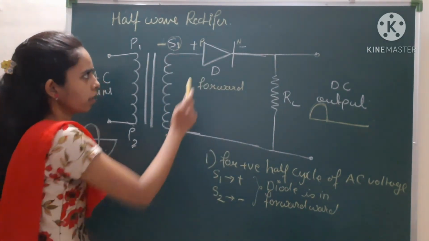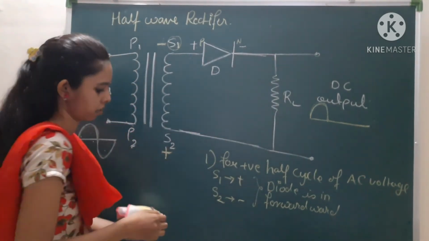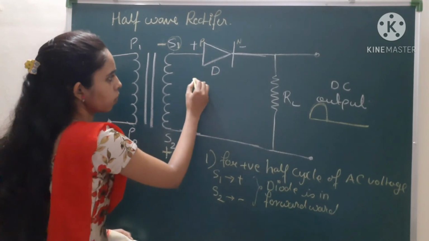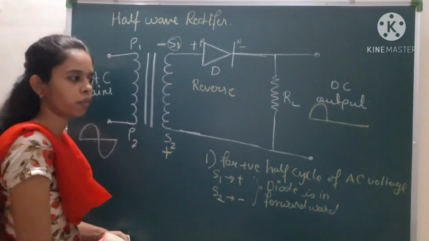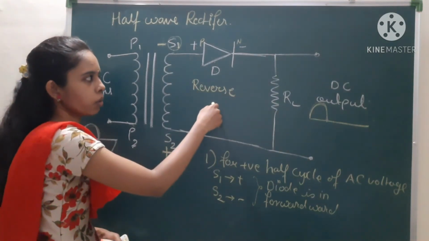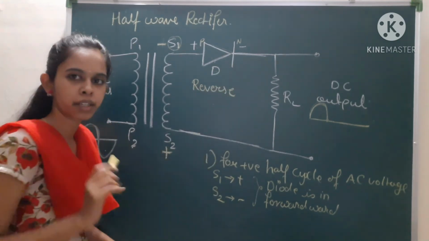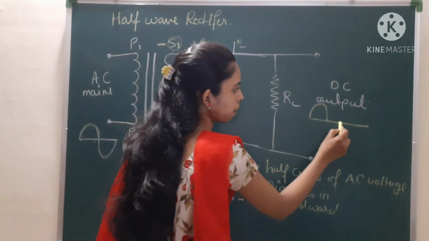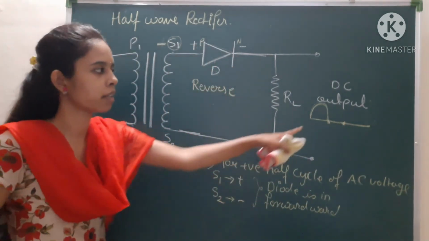Now this diode will start working in reverse bias mode, and therefore the diode will not conduct any current. Therefore there is a gap here, and no cycle is formed at the output.